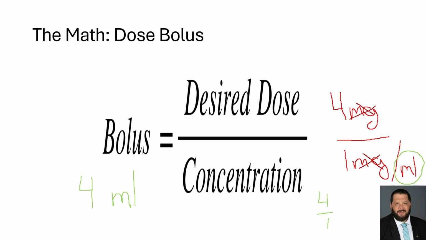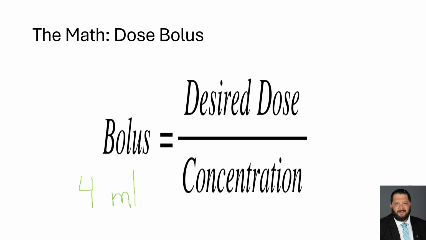So you've gotten a couple of answers here to this problem. First of all, you've determined the dose that you're going to give the patient, and it was your desired dose, given to you as 4 milligrams. When you chart this information in your EPCR, you're going to document that you administered 4 milligrams of this medication to a patient.